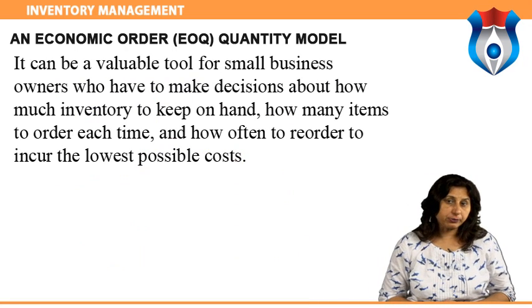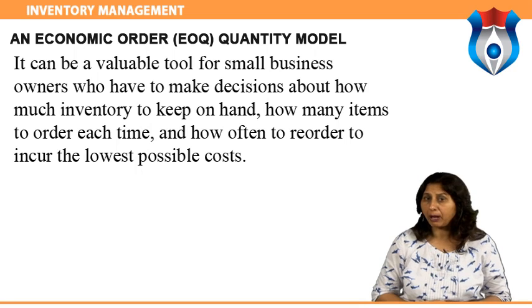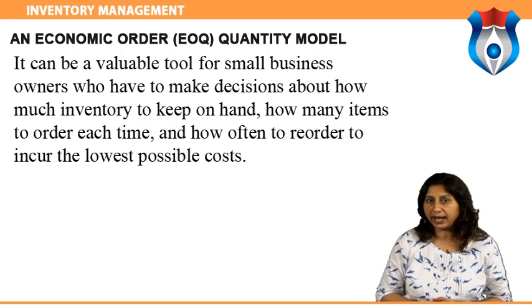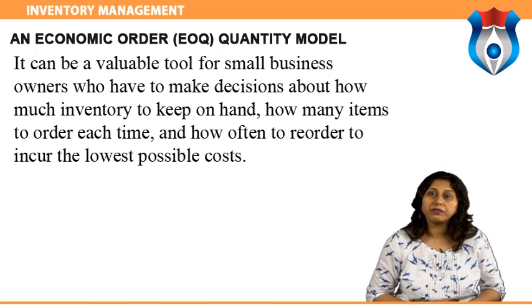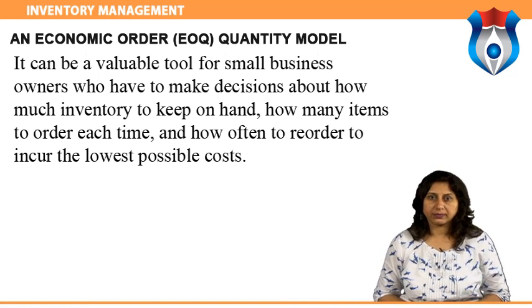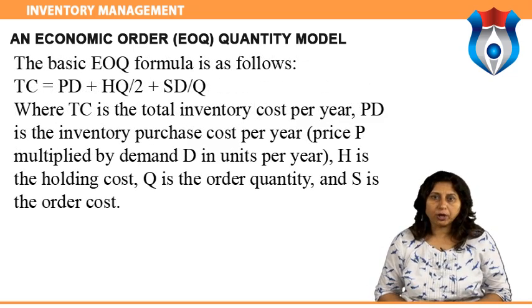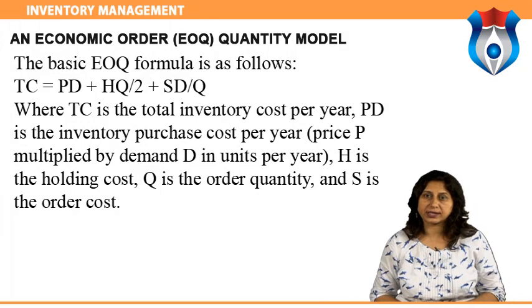It can be a valuable tool for small business owners who have to make decisions about how much inventory to keep on hand, how many items to order each time, and how often to reorder to incur the lowest possible costs. The EOQ model finds the quantity that minimizes the sum of these costs.